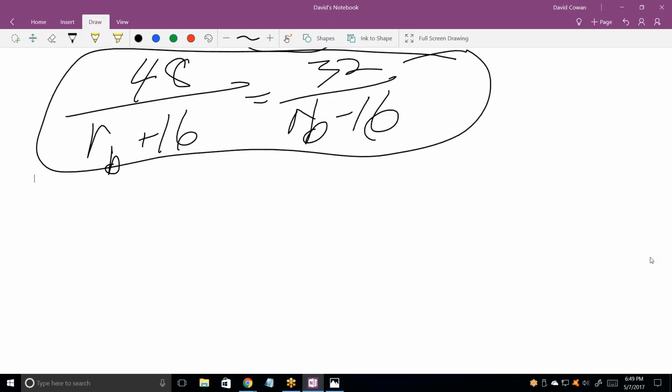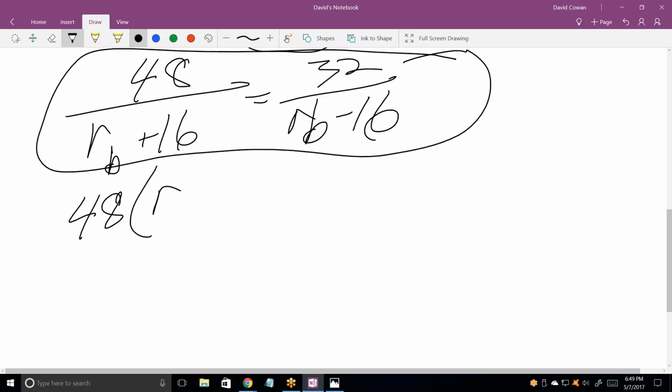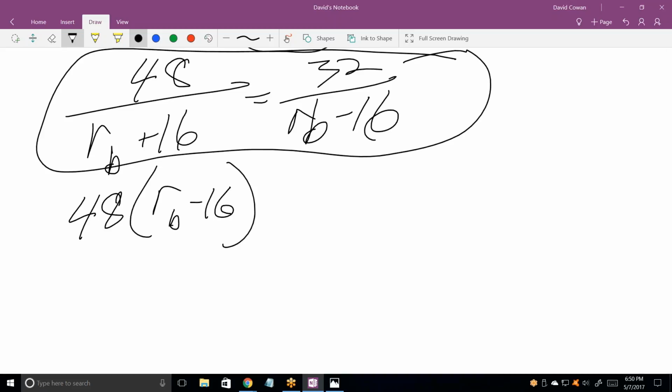In other words, if I multiply both sides by r sub b plus 16, and also multiply both sides by r sub b minus 16, this is what I get. 48 times r sub b minus 16 equals 32 times r sub b plus 16.